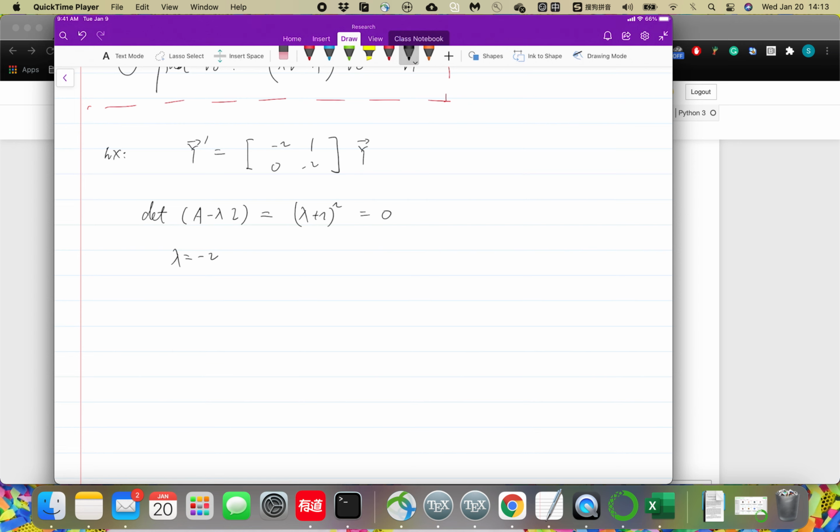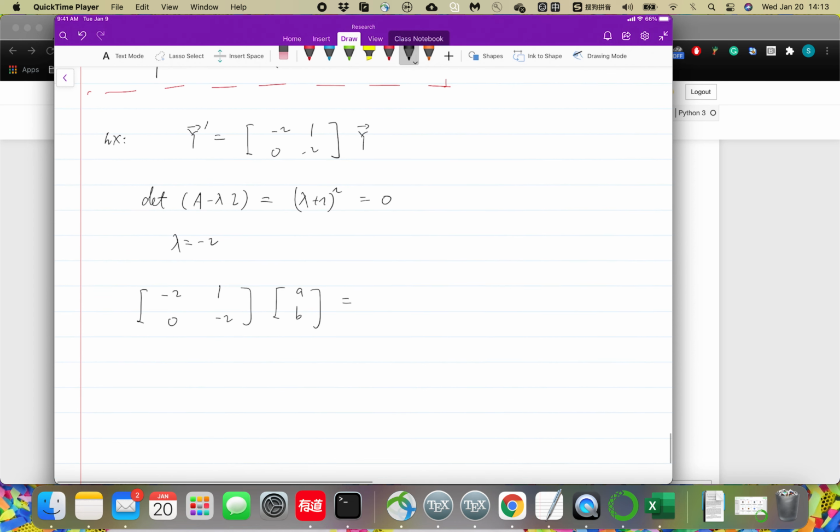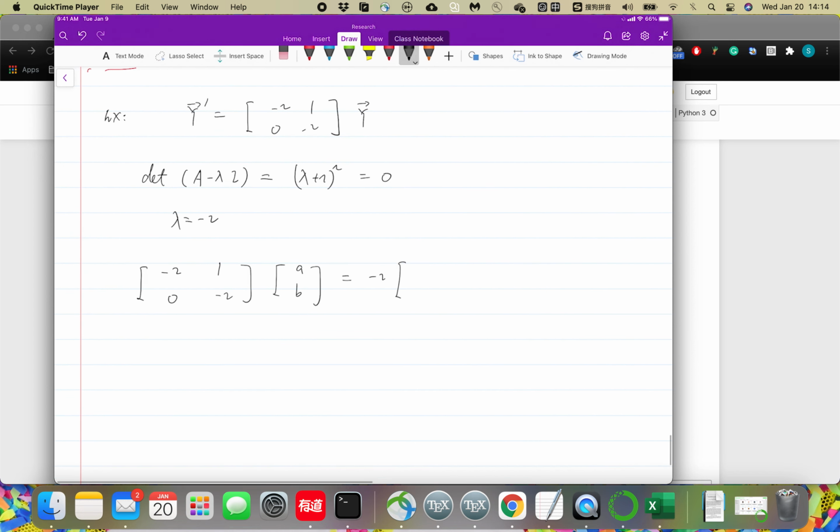After that, we do have this, which implies p equals 0. Therefore, your eigenvector for lambda equals -2 is going to be (a, 0).